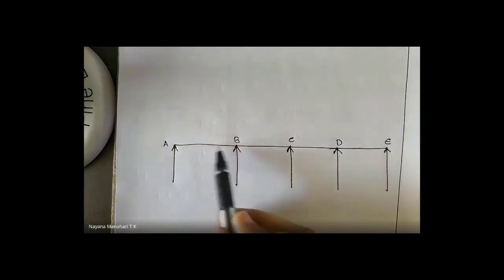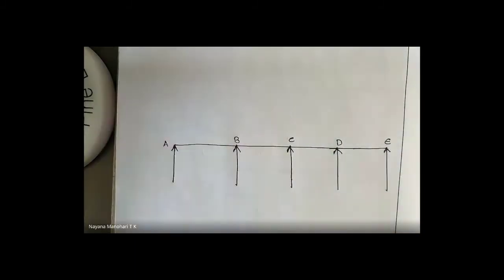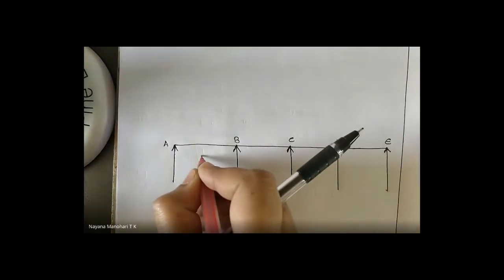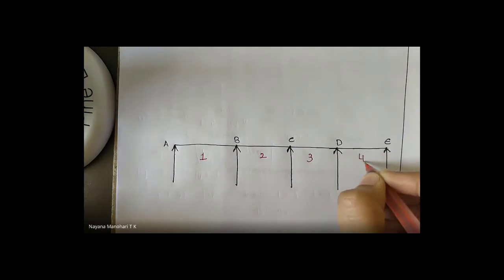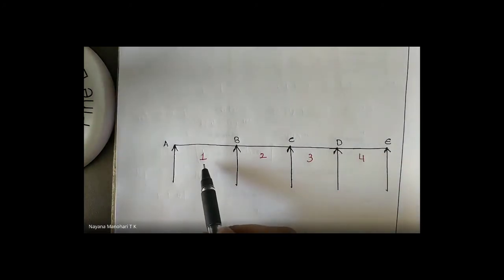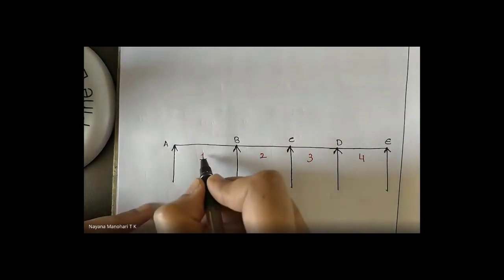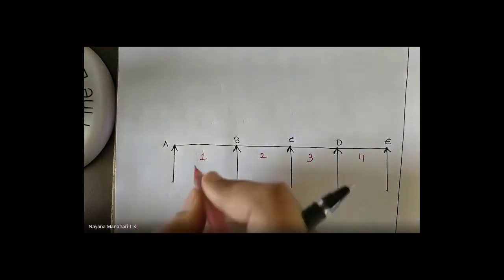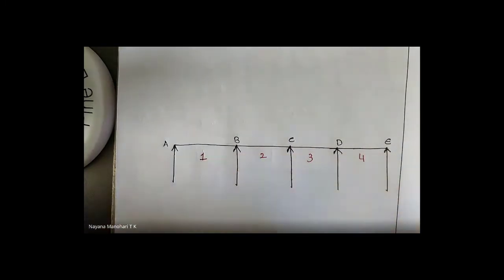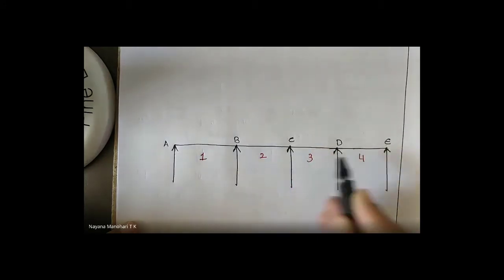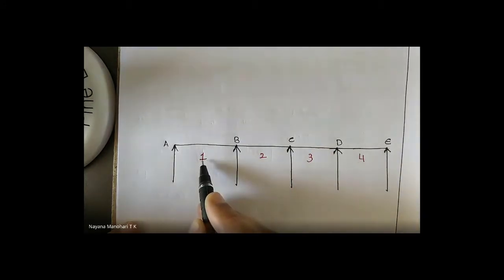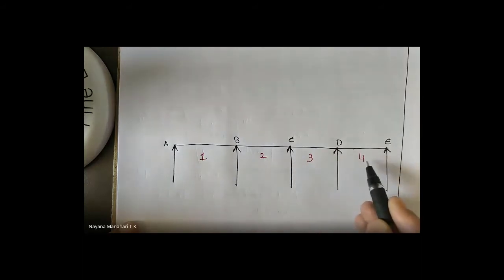This you call as support. Next, which I wrote at this point, that is 2, 3, and this is 4. This you call as span. Capital A, B, C, D, E are the support points, and the numbers 1, 2, 3, 4 are the spans.